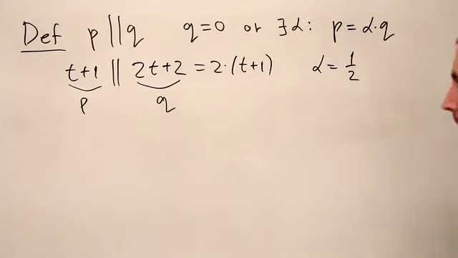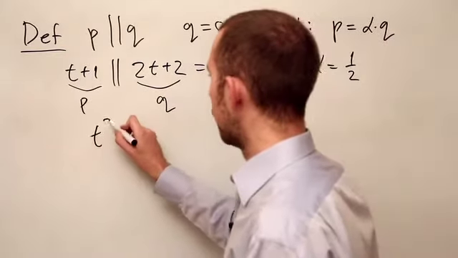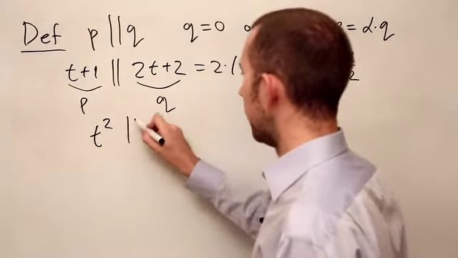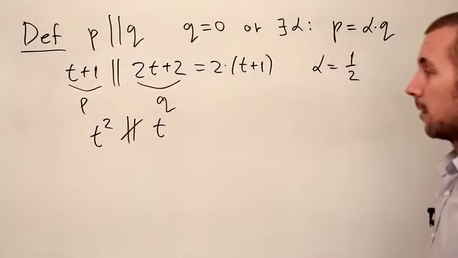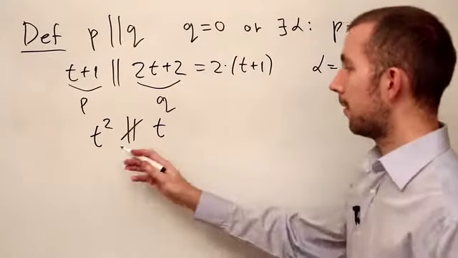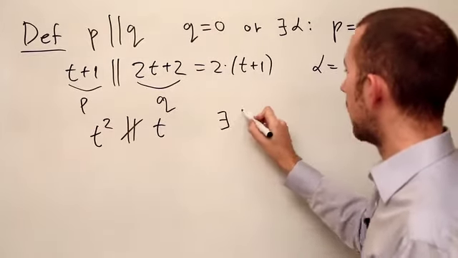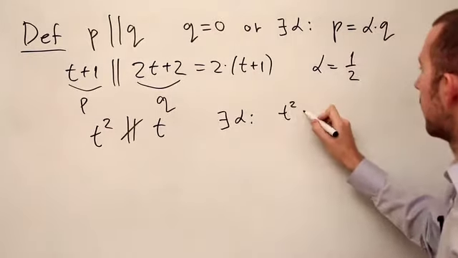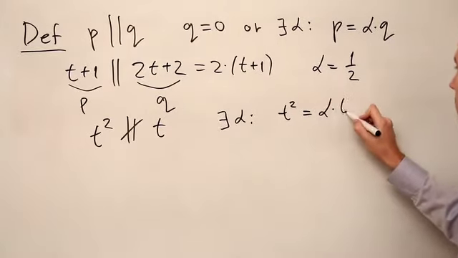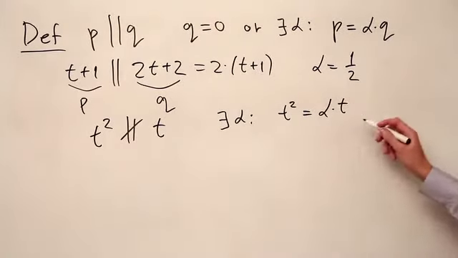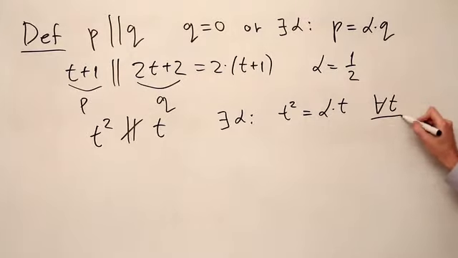Let me give you another example. Polynomials t squared and t are not parallel. Let us prove this. Suppose that they are. Since both of them are non-zero polynomials, we can write that there exists alpha such that t squared equals alpha times t. This equality should hold for all t, and this is very important.